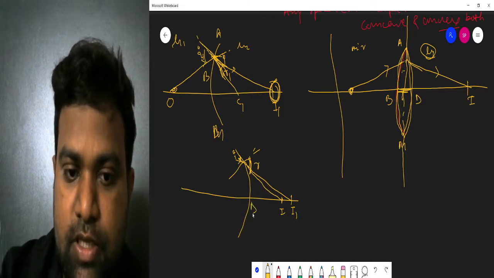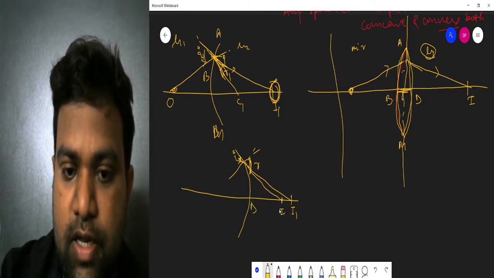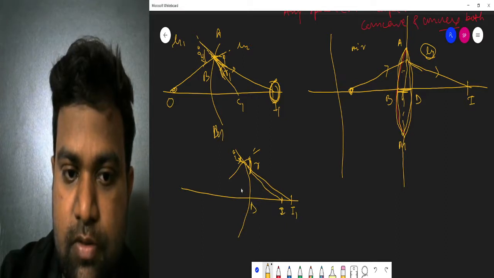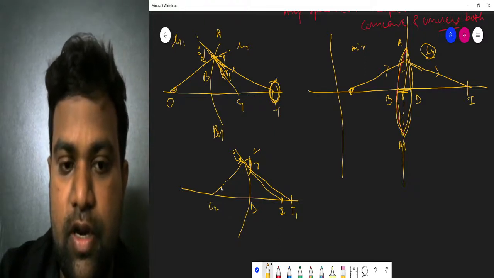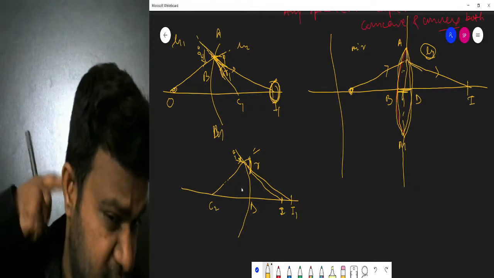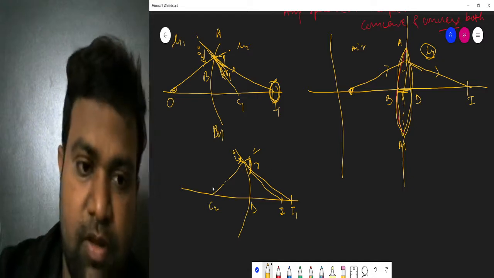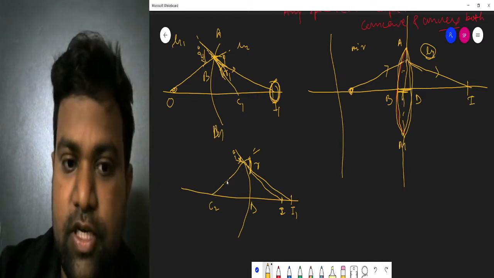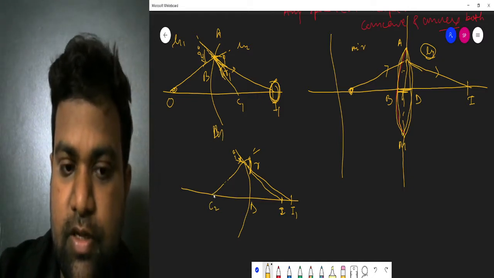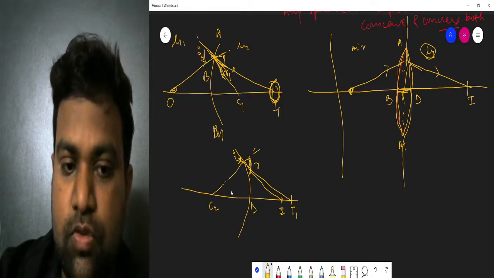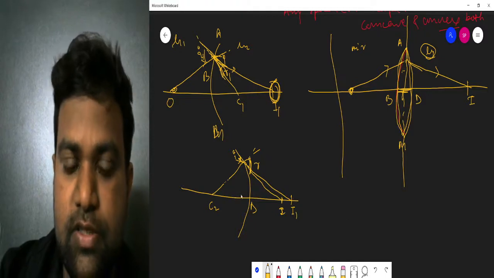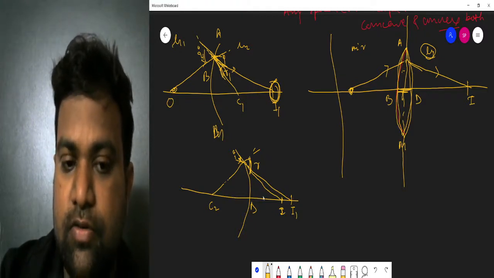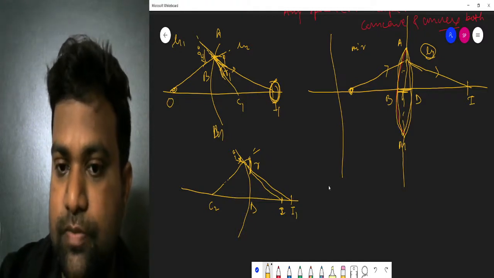Now this is D, and here your final image is formed, and this is C2, we can write, and the center will be on the left side, so the focus will also be on the left side. These things we will consider when we use the sign convention.